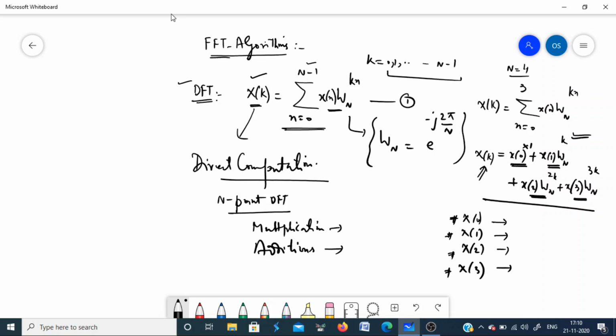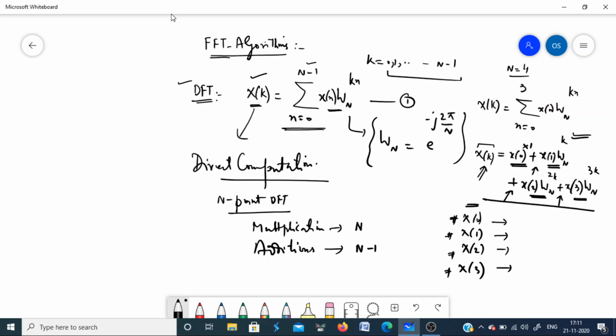And additions are 1 less than N, so you have to use only 3 adders and 4 multipliers. So to compute a single point of DFT, when you use N points, you need N multiplications and N minus 1 additions for a single point.